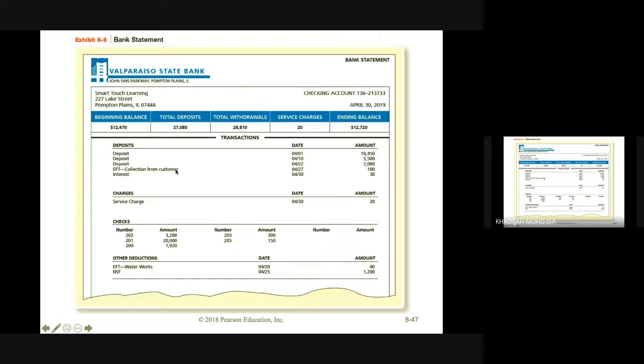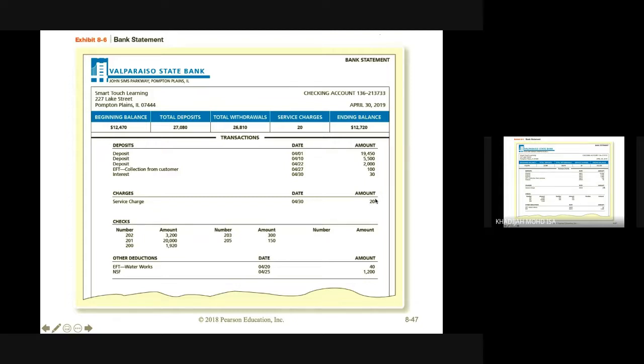This is very common now with online banking, whereby the customer will pay directly to your bank account, and you don't actually receive it in your account, but you see it in your bank statement. Then you have these service charges, $20.